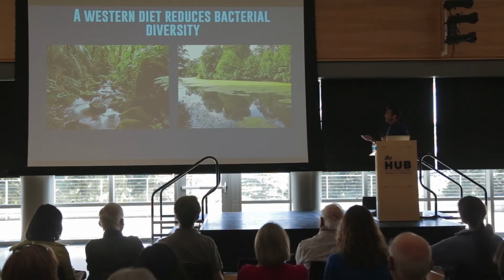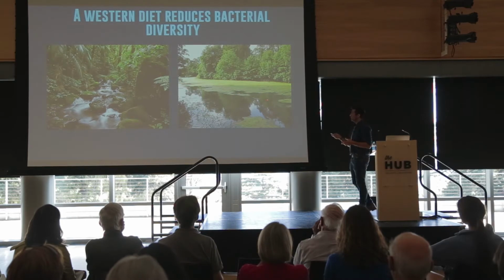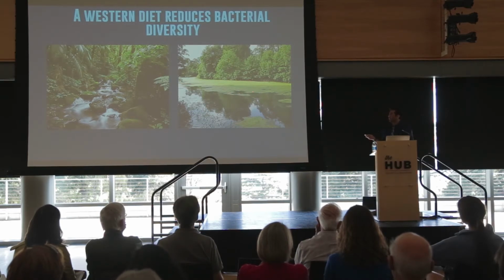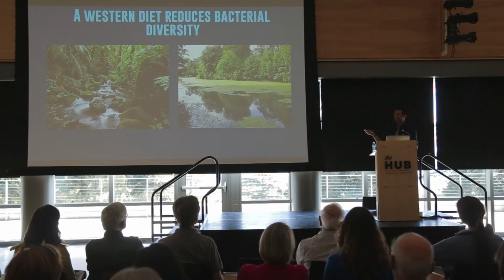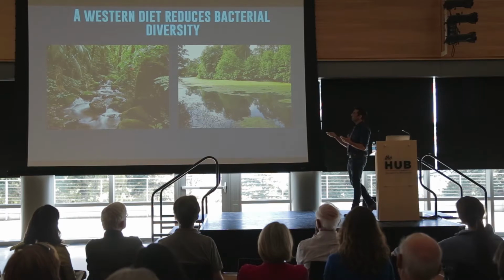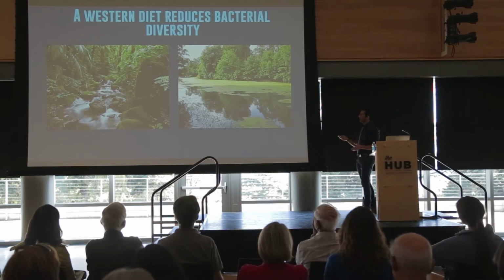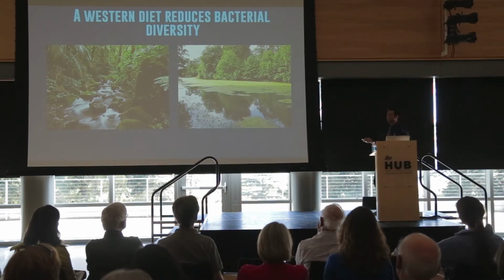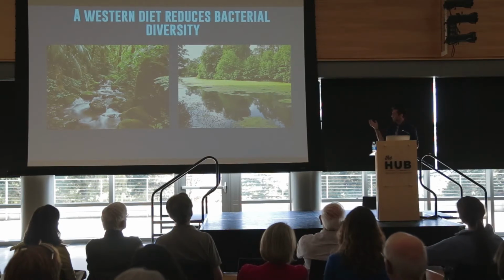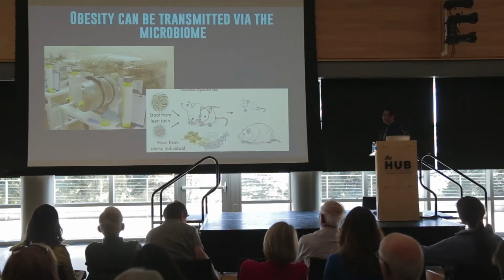Whereas eating a Western diet turns it into a nutrient-overloaded pond, where you still have some growth, but it's really sludge. And your guts don't look like this, I don't think, but the metaphor is there. So you go from having all of this biodiversity to really just a couple of different things and maybe something you don't really want, like this gross stuff on the top of the pond.